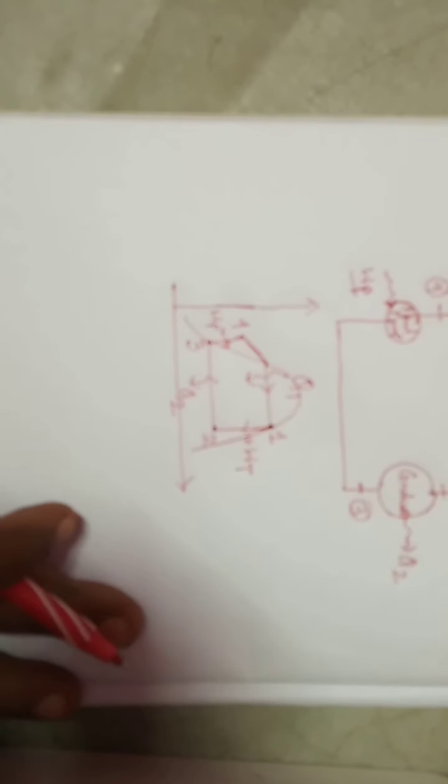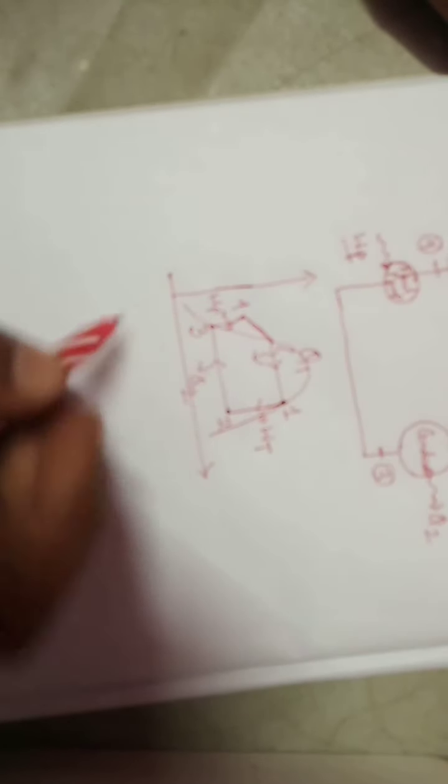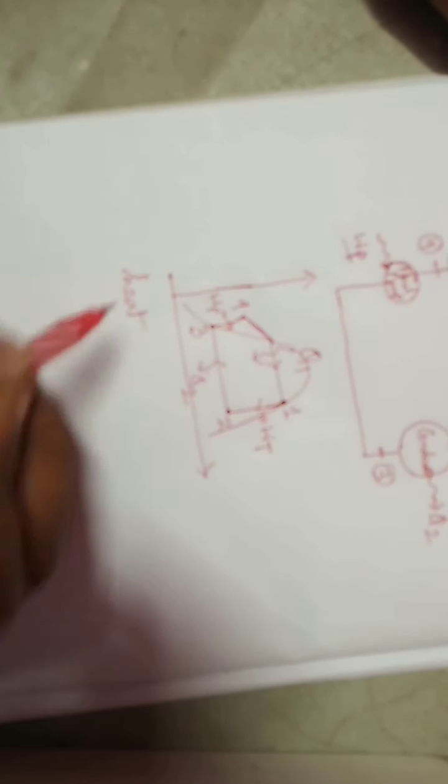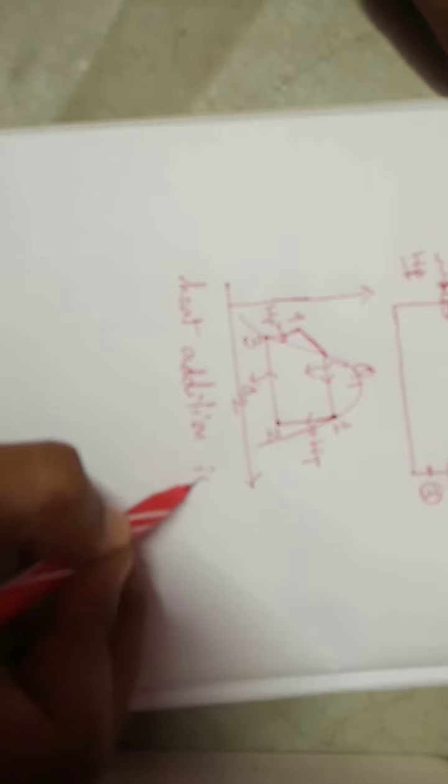So if it is a thermodynamic cycle, we can say that it's a cyclic process where heat addition is Q1, heat rejection is Q2, as we consider it is minus Q2 as per sign convention.